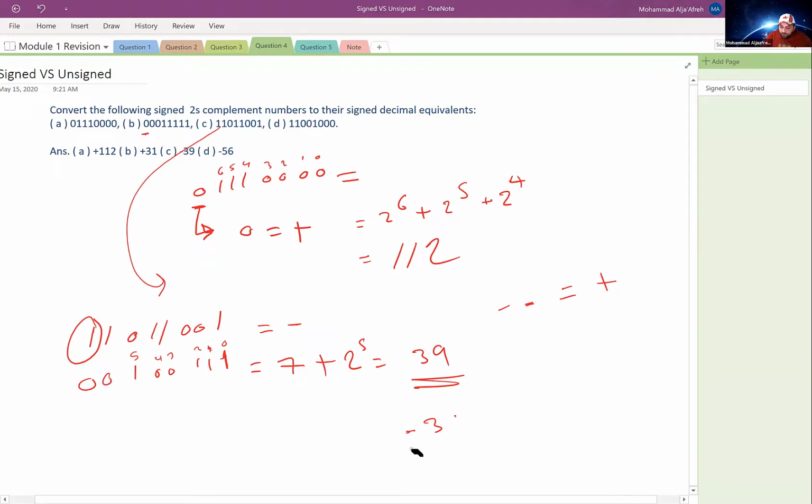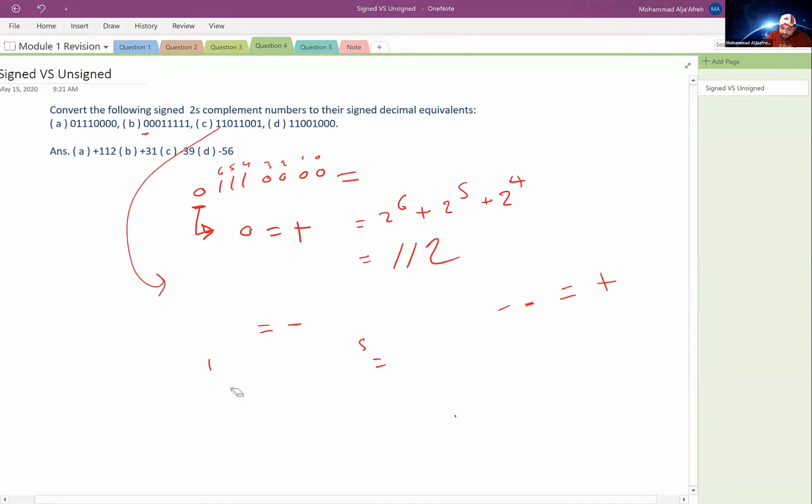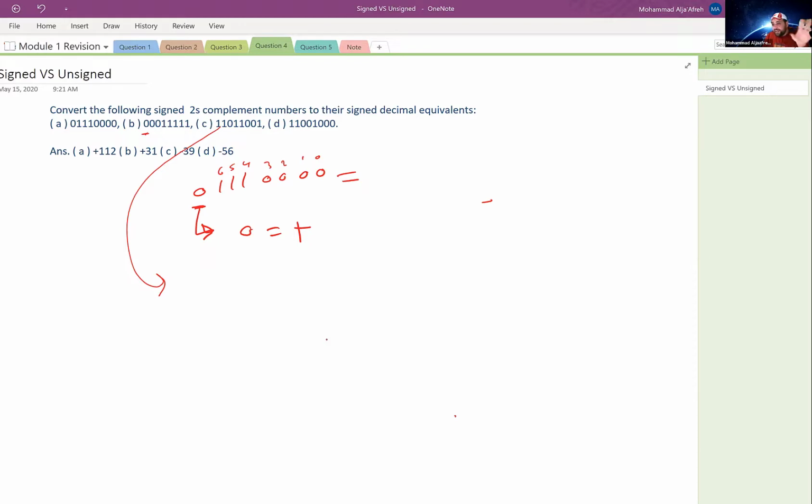So why do we need this hassle? Why do we need to learn about negative, signed, unsigned? Because in digital electronics, we cannot do subtraction using the borrowing method we learned in elementary school. Everything has to be done using an adder.